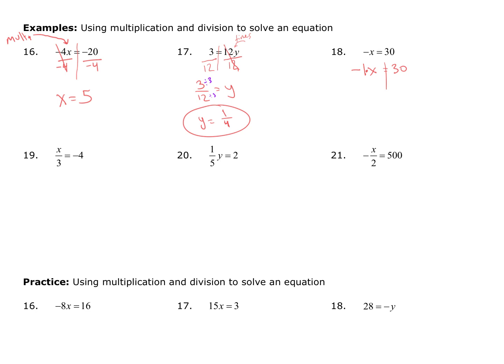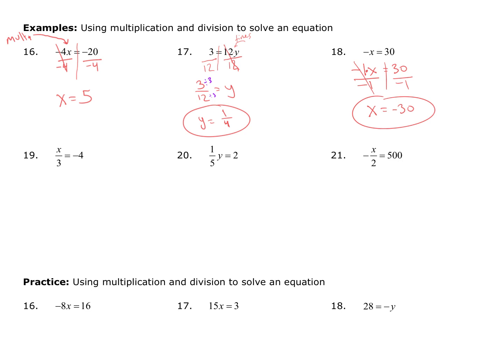It's almost like there's a little invisible multiplication dot there. And so we're going to divide by negative 1 on both sides. And that leaves me with just x equals negative 30. That's going to be an important one. Anytime you have a negative x, divide by negative 1 and you make it positive x. Okay? Well, that was multiplication.